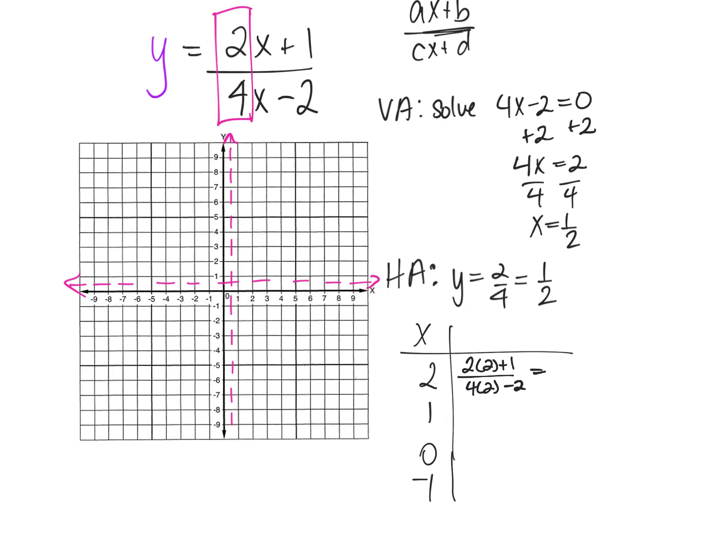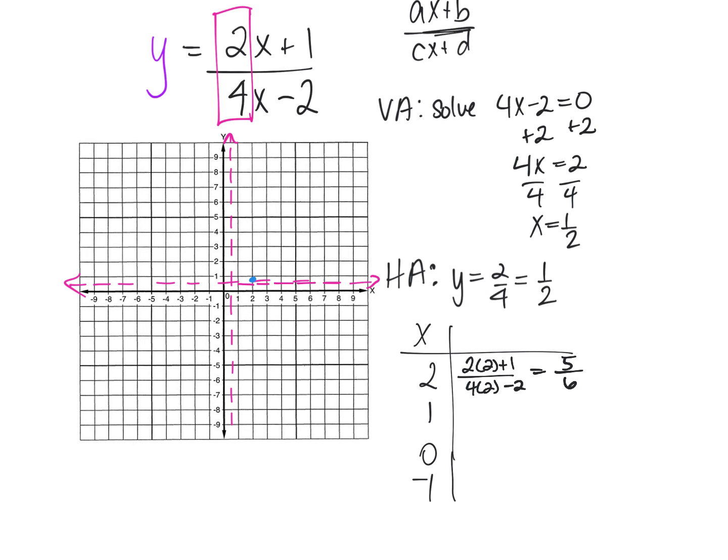My bad. 4 plus 1 is 5, and 8 minus 2 is 6. 5/6. Yeah, just slightly easier. So we're at 2 and 5/6, so that's like right there. My asymptote's not very straight.